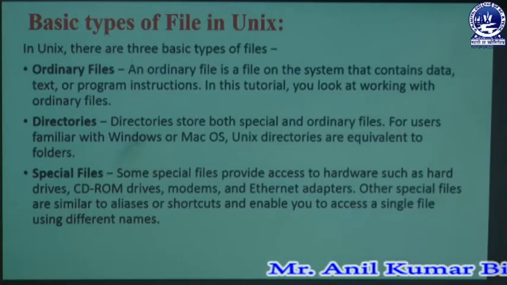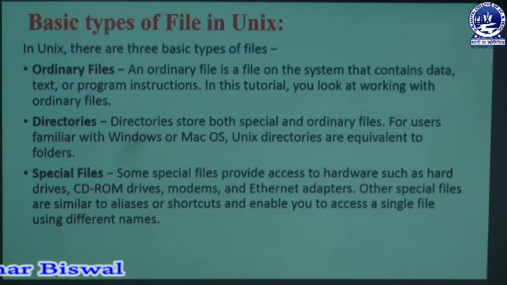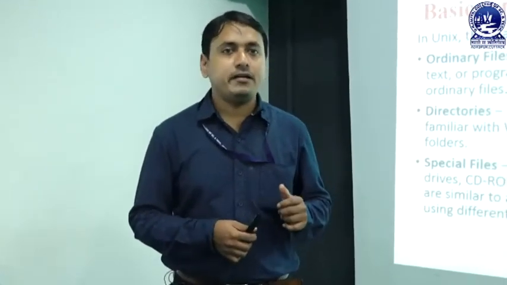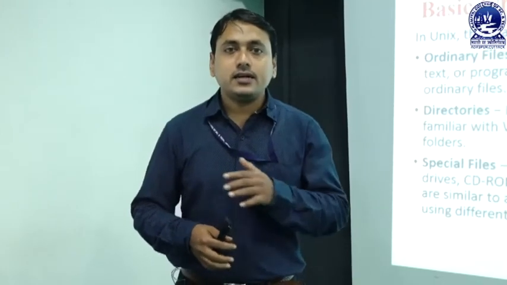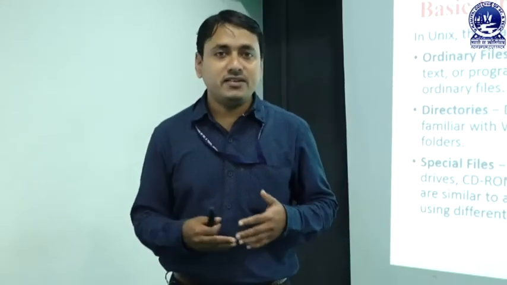That means we may copy the same file more than once, but have a different name in the Unix system. That's why these are the three basic types of files managed in our Unix operating system. Most of the time we will be working with ordinary files or directories. These two structures are the most important part of the Unix system, because we have more than one piece of text-related information, but rarely image-related information.